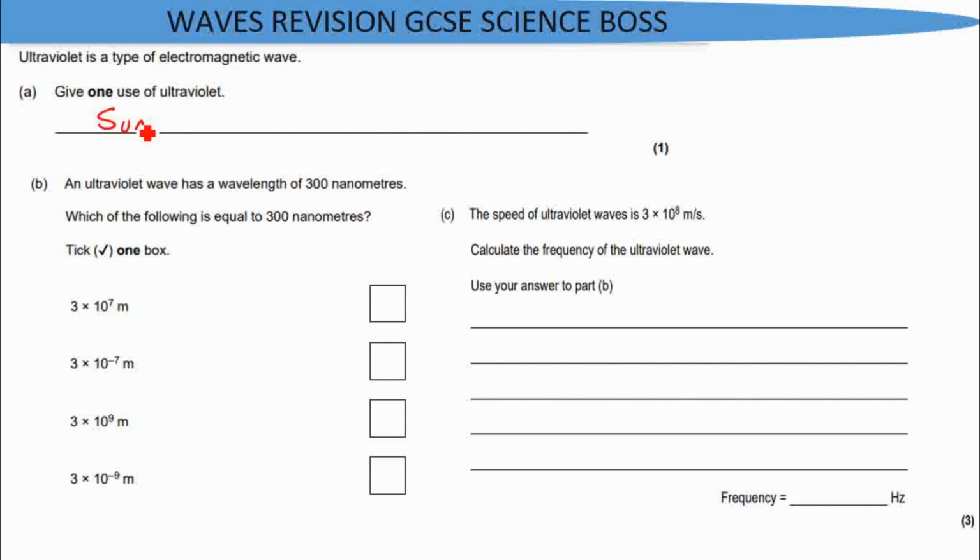I like that one, especially living in the UK, lots of people use UV radiation for sun tanning. You could also go with other examples such as energy efficient bulbs. Sorry about my handwriting. You could use it to sterilize medical equipment. There's lots that you can do.